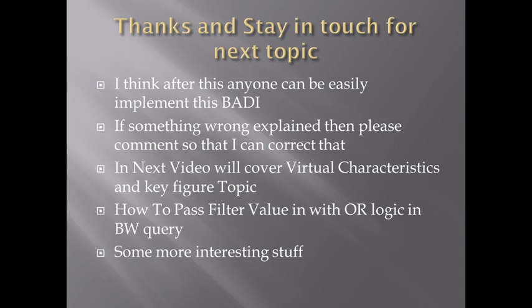But what if the user wants an OR condition, like country India or 1210? A 1210 company code can also be in the US, so it should show both: the data for the country, whatever company code data is there in India, should also show in the report. That interesting stuff I will take you through in the next video series.